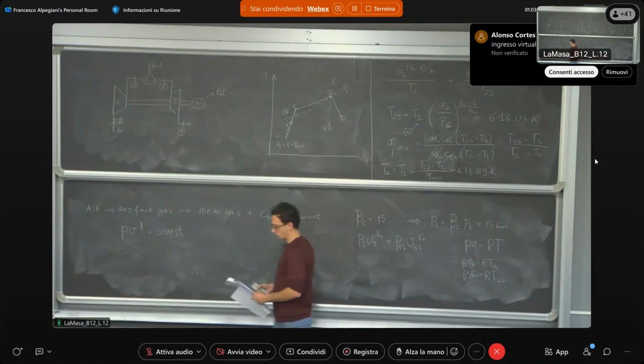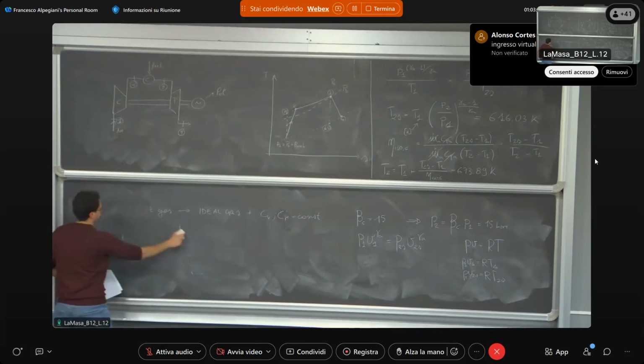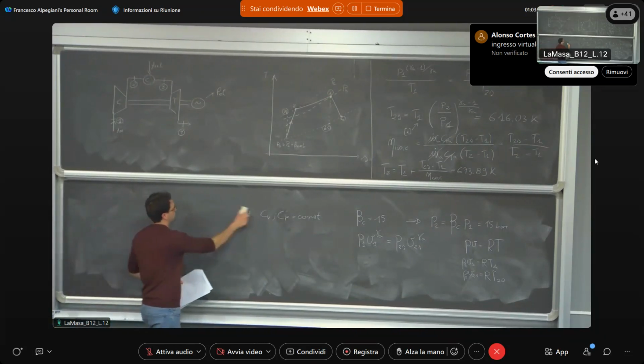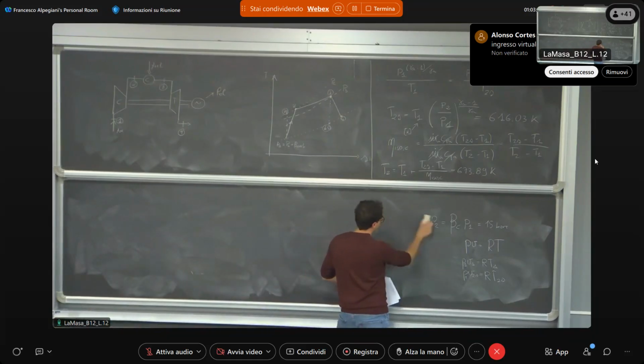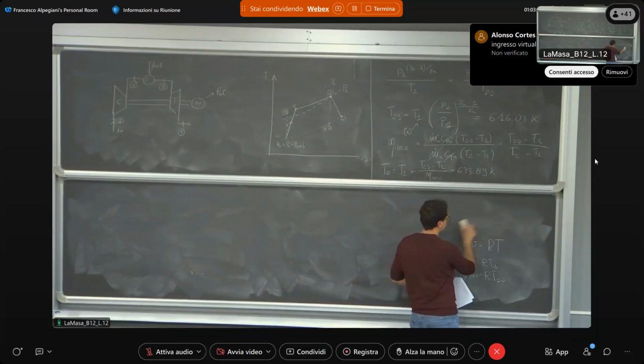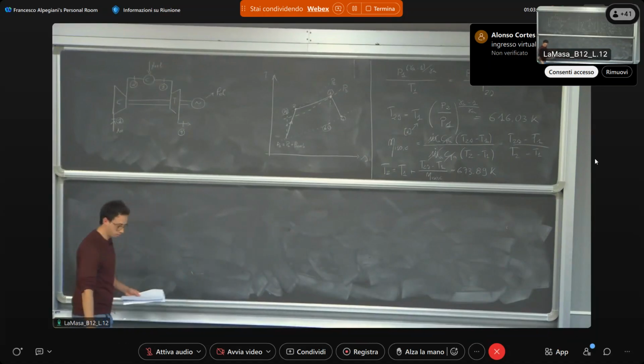Then it is asked to calculate pressure and temperature of flue gases at the turbine outlet. After the compressor, we will have the combustor in which we increase the temperature, and essentially we also have a pressure drop in the combustor.